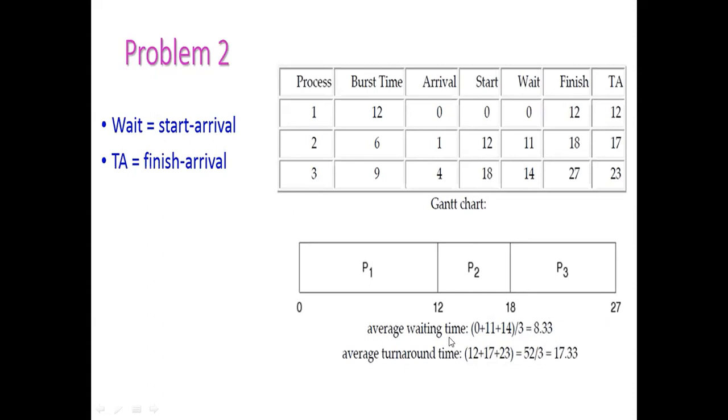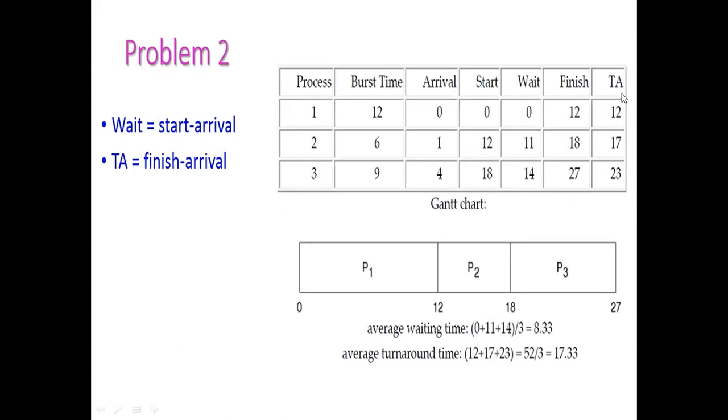Next, we need to calculate the average turnaround time. The turnaround time we get from the difference of finish time and the arrival time. So 12 minus 0, 12. 18 minus 1, we get 17 milliseconds. 27 minus 4, we get 23 milliseconds.